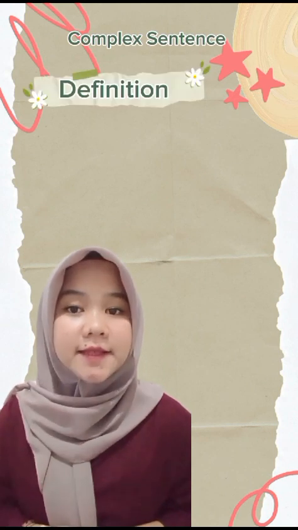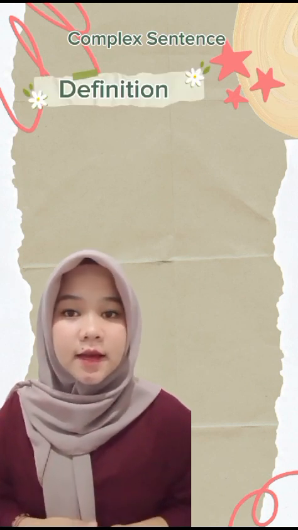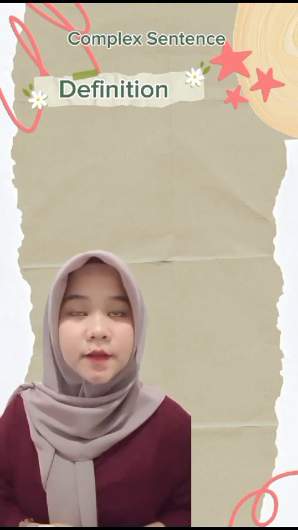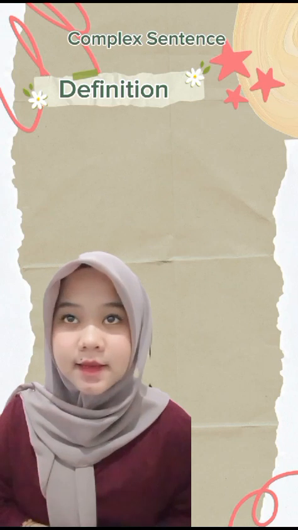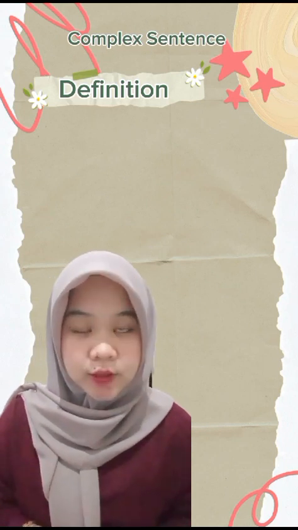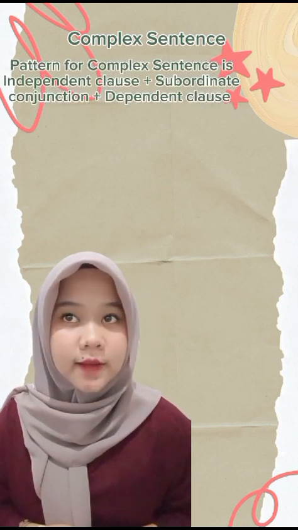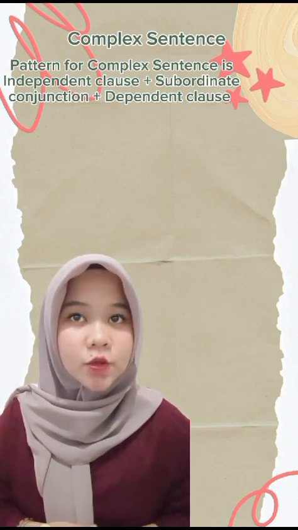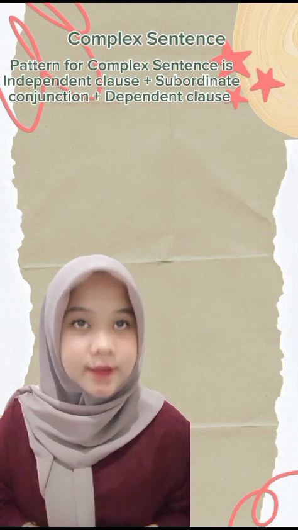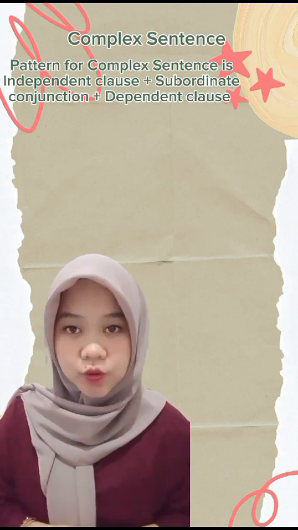Third, complex sentence. A complex sentence is a sentence that consists of one independent clause and at least one dependent clause. The pattern of a complex sentence is independent clause plus subordinating conjunction plus dependent clause.